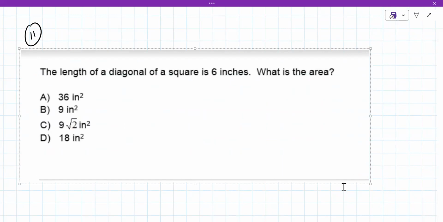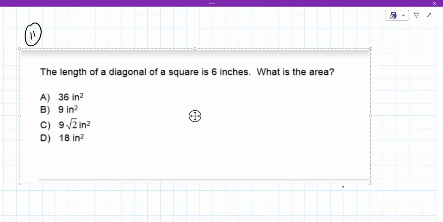So then I can do the hypotenuse is 6 inches. Let's see. I know it's going to be 36, 90. So it's going to be a 30, 60, 90 one then.